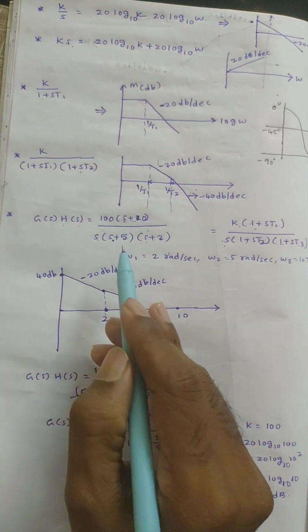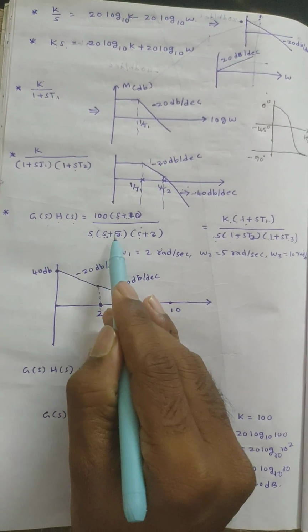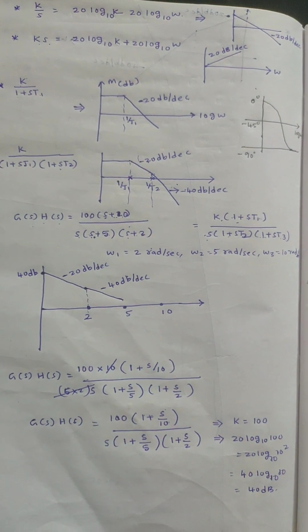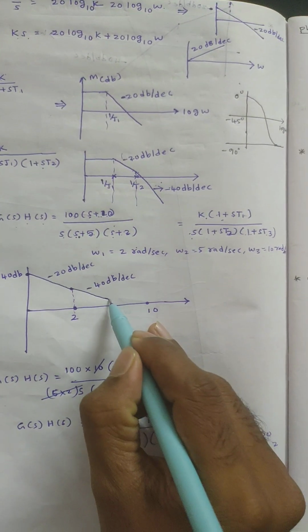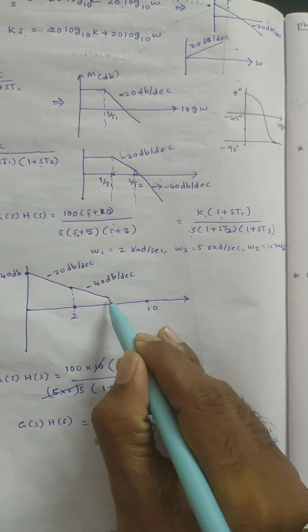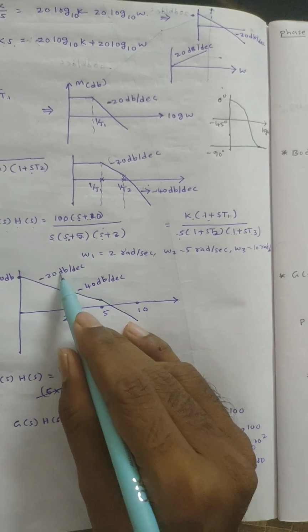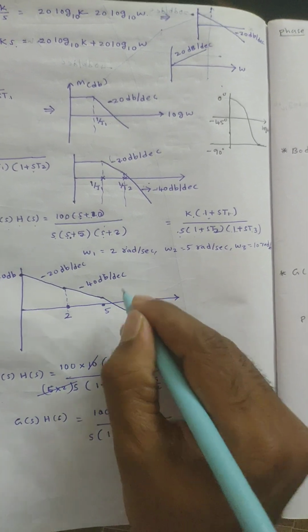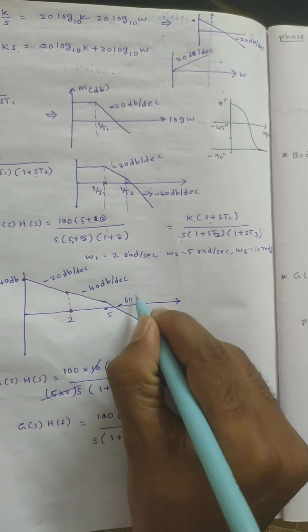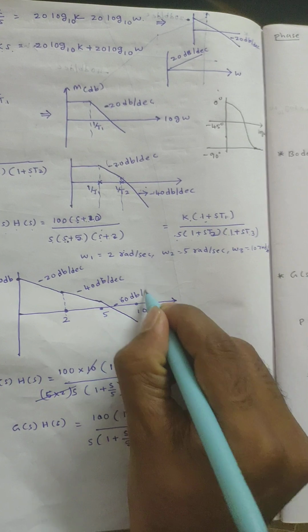Next, s plus 5, again minus 20 is added, that is minus 60 dB per decade.